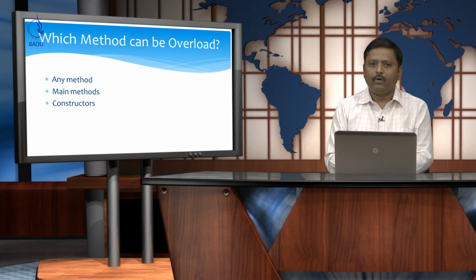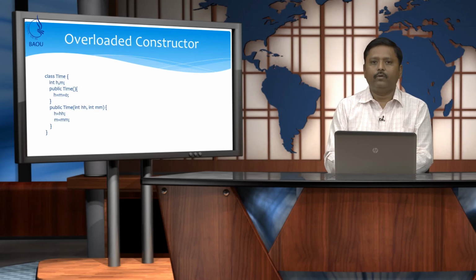So, you can define multiple constructors in a class, and the main method, which is the primary start point of execution of your program, can also be overloaded. So, you can overload the main method as well as constructors and any method, with the certain conditions that we have discussed. So, these three types of method we can overload.